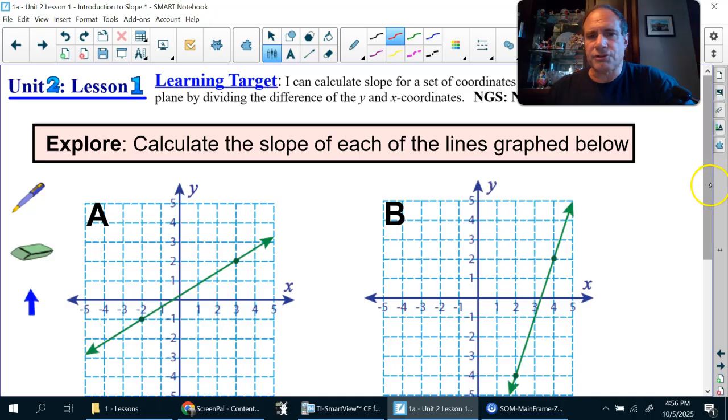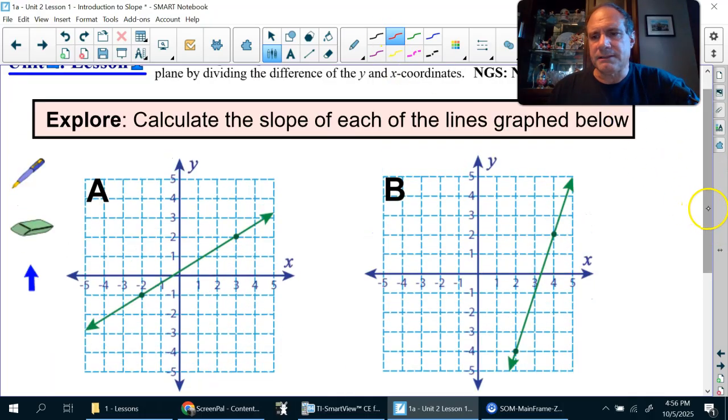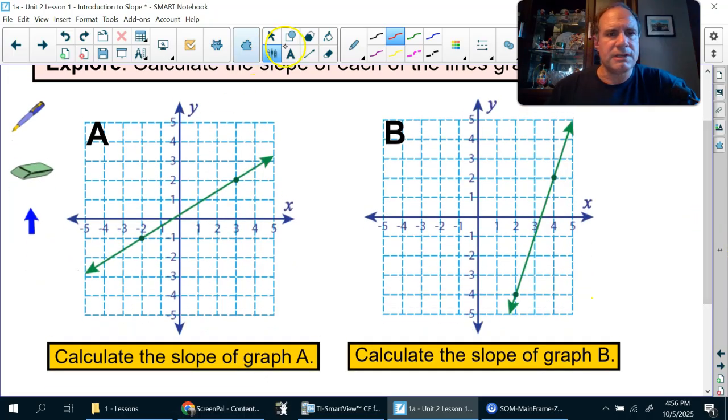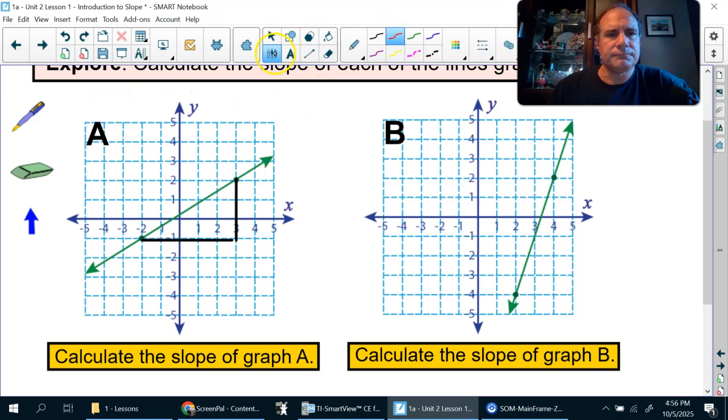So calculate the slope of each of the lines below. It's the same thing as we just did. So I'm going to go ahead and draw those 2 lines. I'm going to put L and R here. And this goes up, so this is a positive slope.